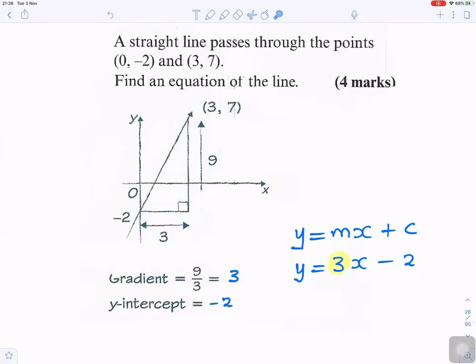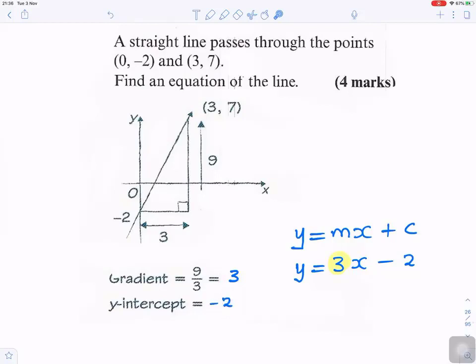The gradient of the line is given by 9 divided by 3, which gives you 3. It passes through -2, so the y-intercept is -2.